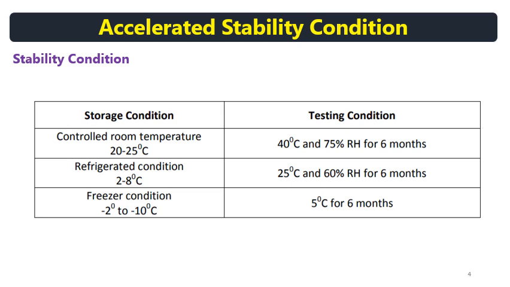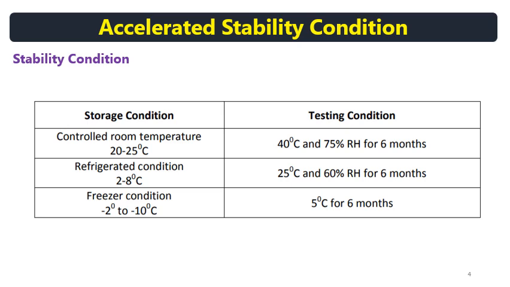So if the product is recommended to be stored at 25 degrees Celsius, 20 to 25 degrees Celsius, then for those drug substances and drug products, 40 degrees Celsius and 75% RH becomes the accelerated stability condition, and the storage period is 6 months.